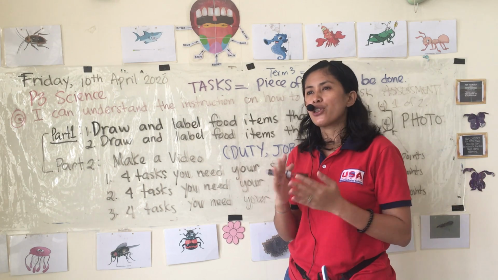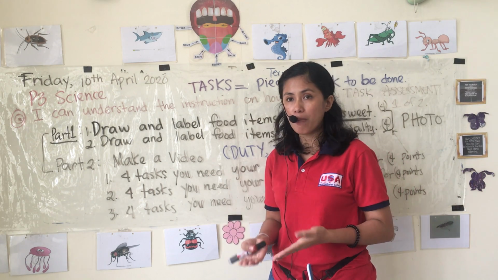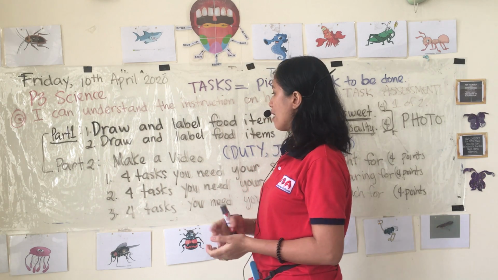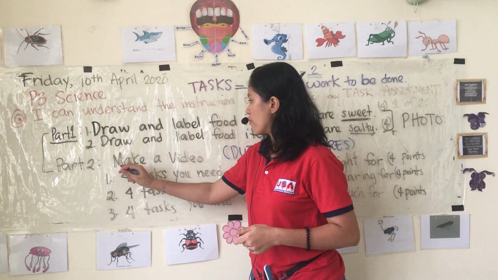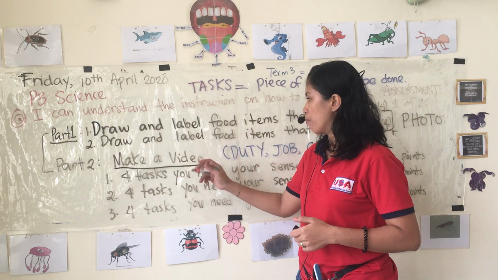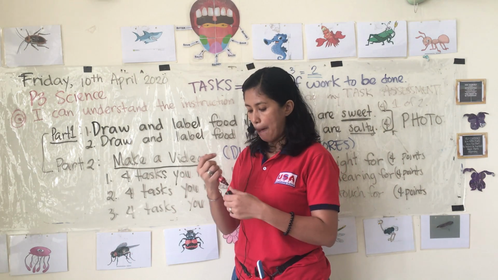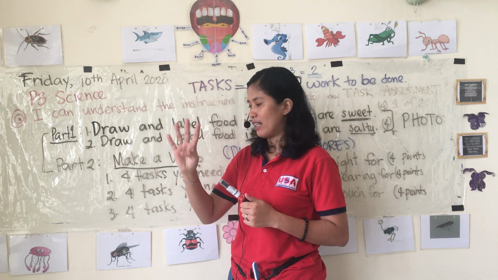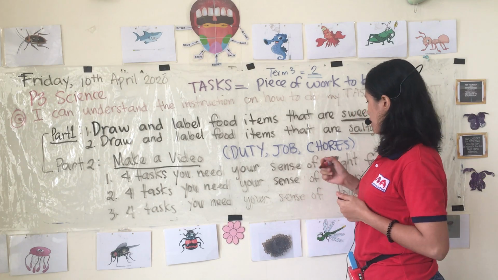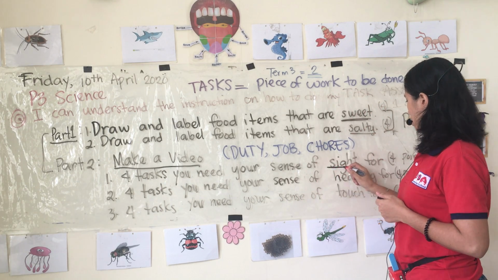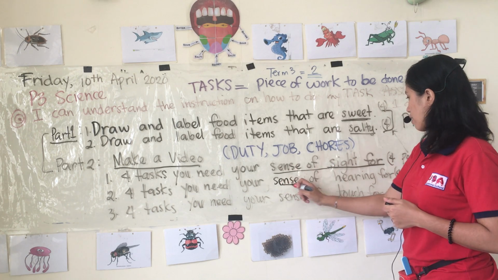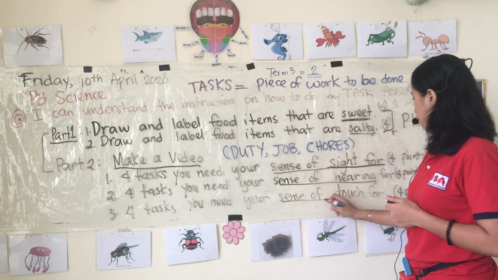Now, yesterday I promised that I'm going to make part 2 of your assessment. So for part 2, you're going to make a video and then you are going to verbally explain about 4 tasks that you need your sense of sight for, 4 for sense of hearing, and then sense of touch.